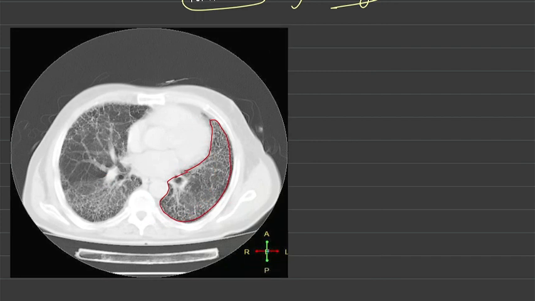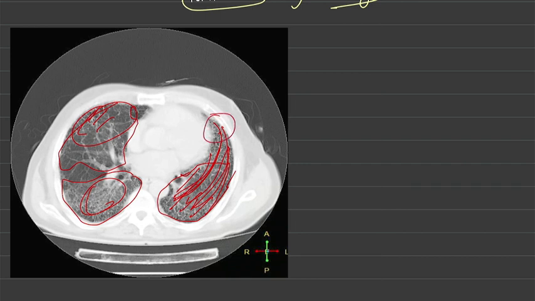right? Because it is a severe case, we are seeing mostly the zones involved are the posterior and basal, but in this case you can see the whole of the lung field is involved. There are ground glass opacities, there is honeycombing in lower zones as well as in upper zones, right? So this is a severe case.